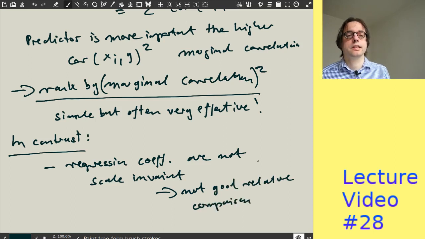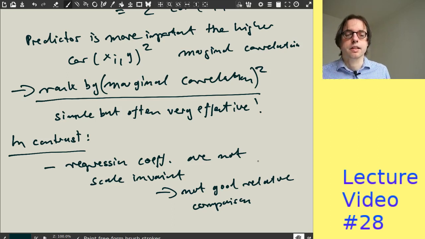There are so-called standardized regression coefficients that fare a little bit better, but they are also closely related to marginal correlation. So you might as well just use marginal correlation.